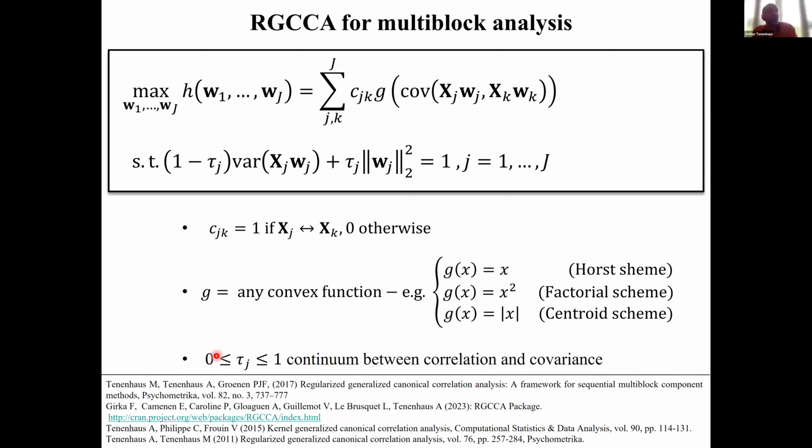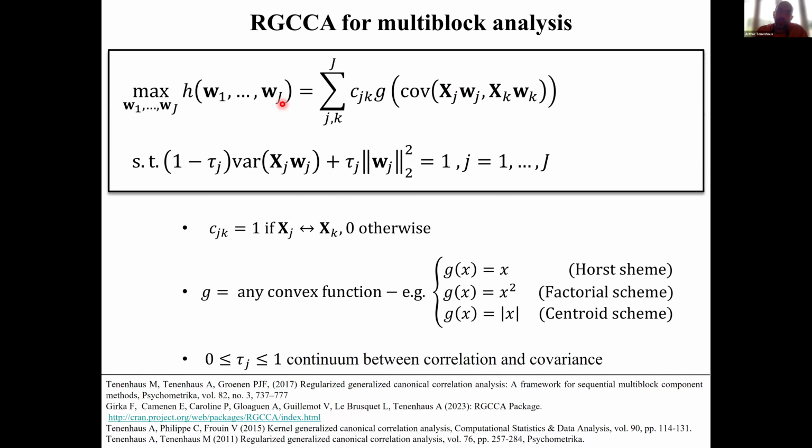And when tau j is between 0 and 1, then we have something between correlation and covariance, a kind of regularized version of canonical correlation analysis. So tau j plays the role of regularization, which is useful in a high-dimensional context, which is the case in multi-omics data. So RGCCA is defined by this optimization problem. It's a very general framework for multi-block data analysis.